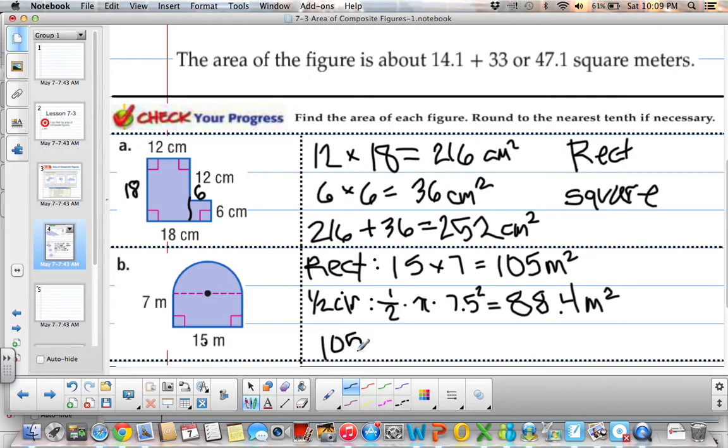So 105 plus 88.4, we get 193.4, that should be a 3, 193.4 meters squared.